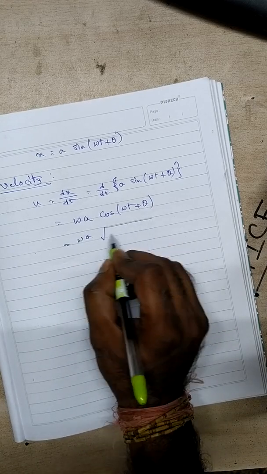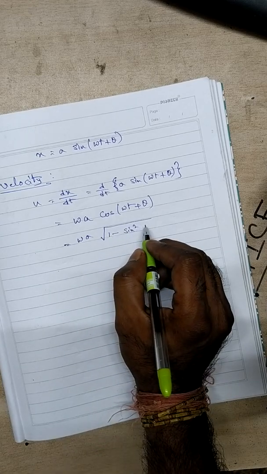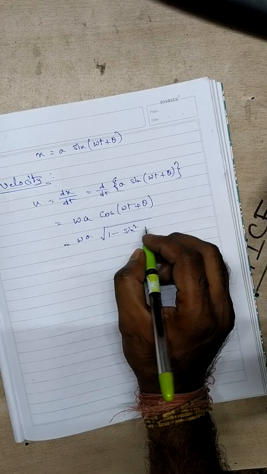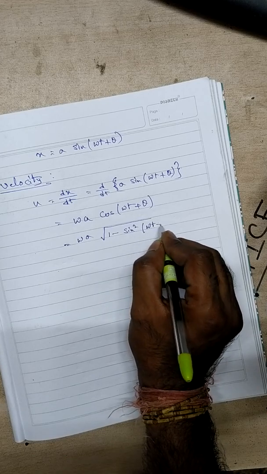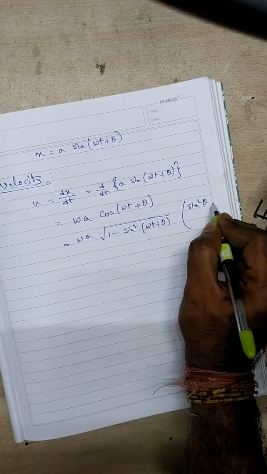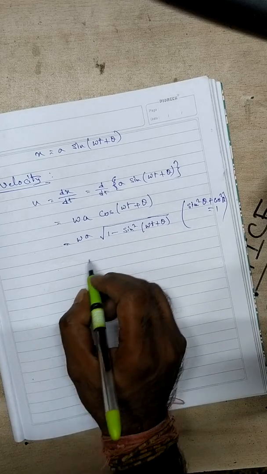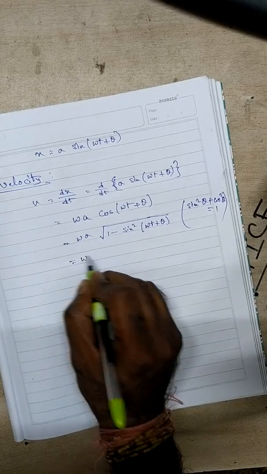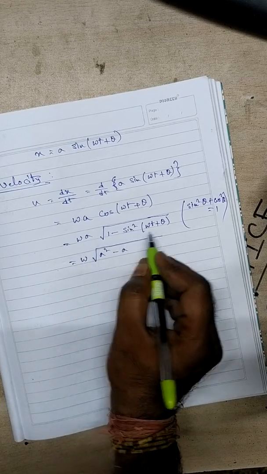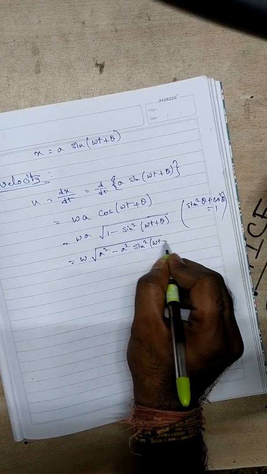So we rewrite omega a root under 1 minus sine square (omega t plus theta), because sine square theta plus cos square theta is equal to 1. This is coming from this one. So we put the a in between the root: omega root under a square minus a square sine square (omega t plus theta).